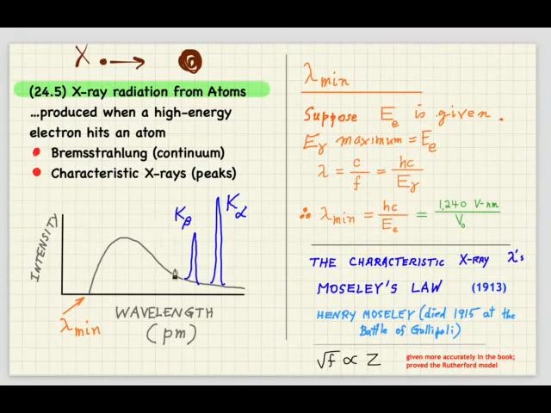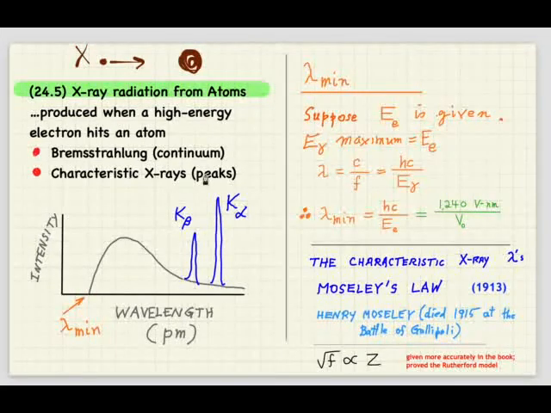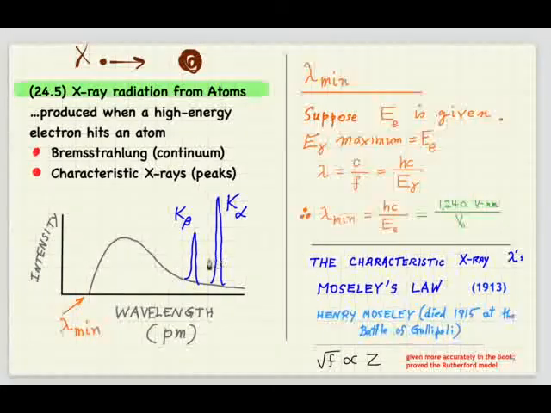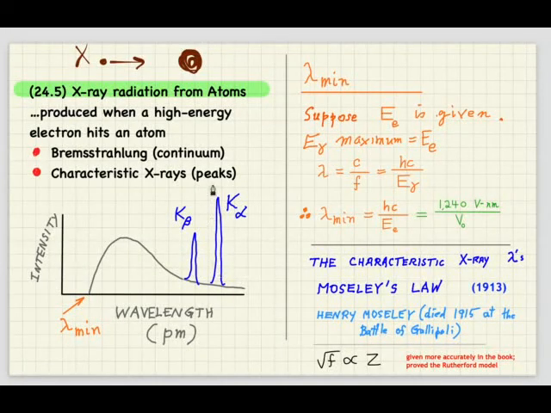But then there are also some peaks in the intensity distribution. These are called characteristic X-rays. So the Bremsstrahlung is sort of common to all the atoms, but the peaks are peculiar to the individual atoms. They're different for different atoms. There are multiple X-ray peaks.